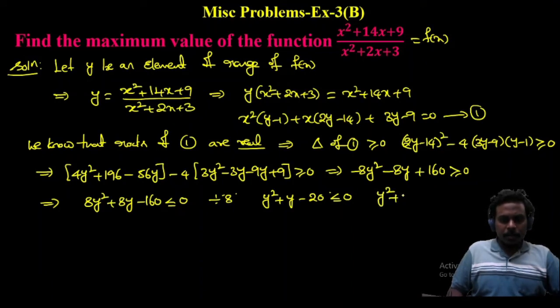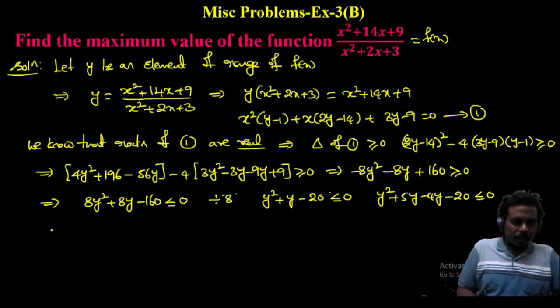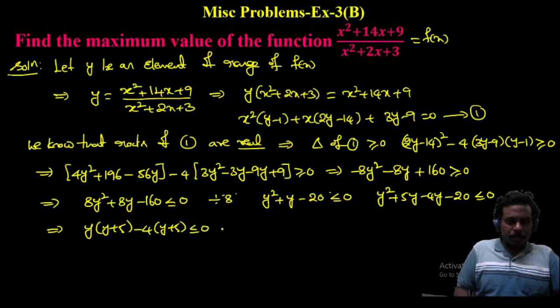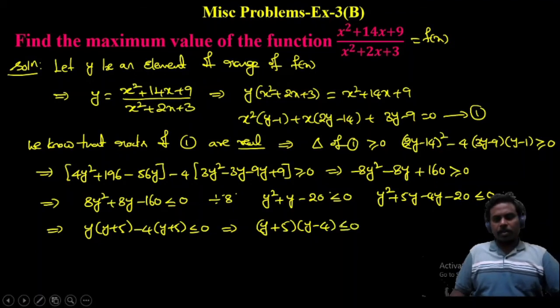So it is y square plus 5y minus 4y minus 20 is less than or equal to 0. This implies y into (y plus 5) minus 4 into (y plus 5) less than or equal to 0, which implies (y plus 5) into (y minus 4) less than or equal to 0.